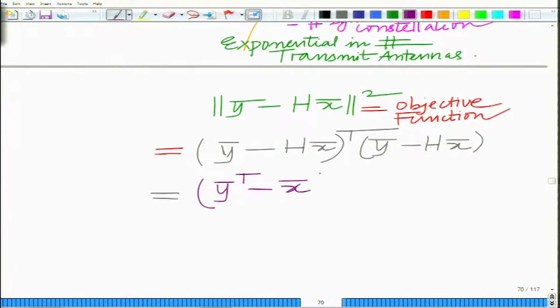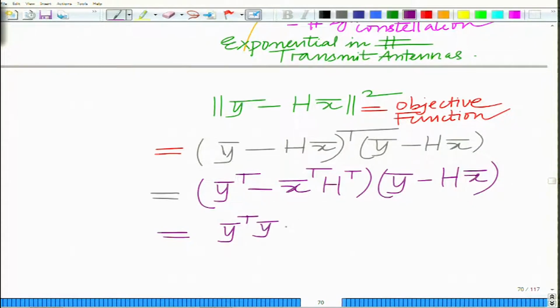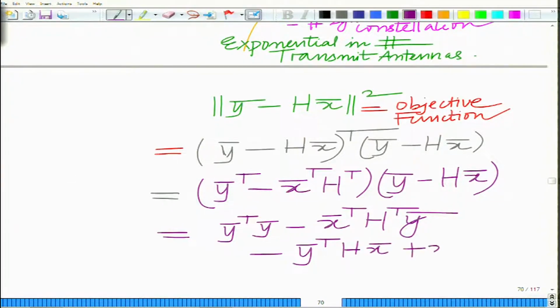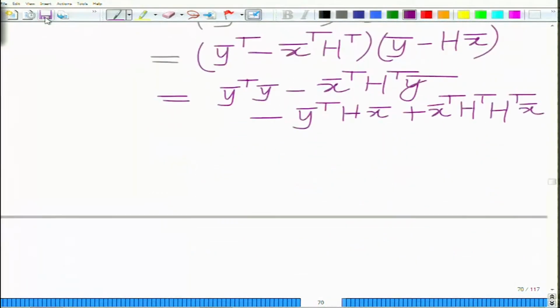This is equal to y bar transpose y bar minus x bar transpose h transpose y bar minus y bar transpose h x bar plus x bar transpose h transpose h x bar. So this is the simplified cost function.